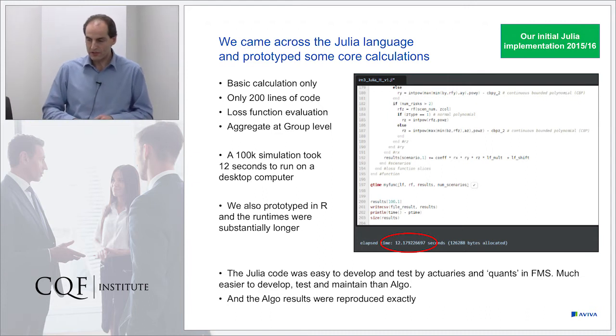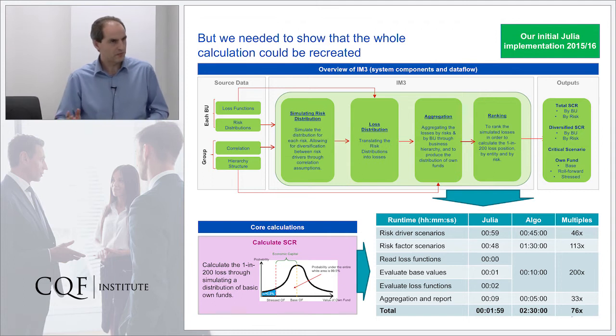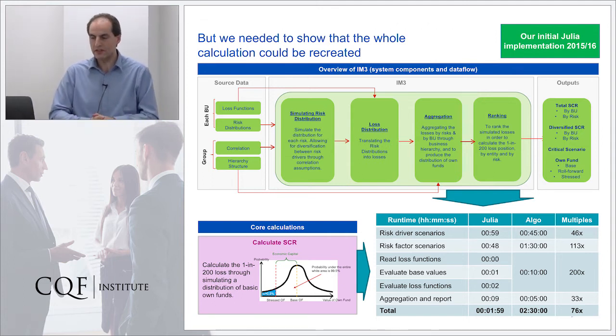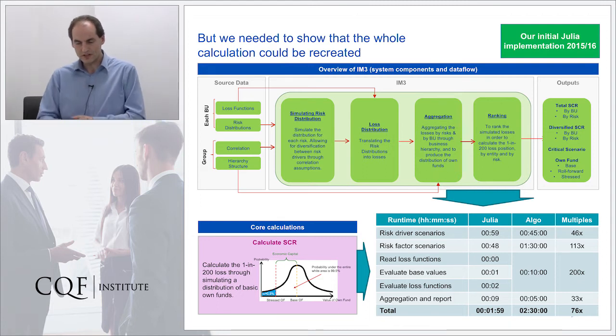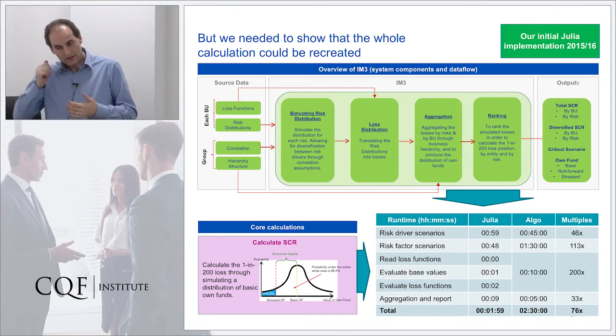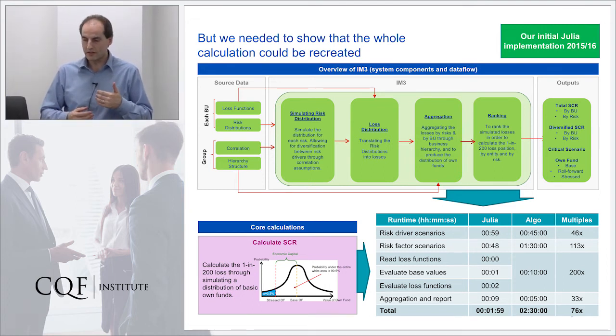So of course that was just the start. We then needed to show that we could do the whole calculation, and this is a map of some of our calculations from left to right here. So some of the inputs, simulating risk distributions, generating a loss distribution on our balance sheet over 100,000, 500,000 scenarios, the assets, the liabilities, different parts of the business adding up through the group reinsurance vehicle.